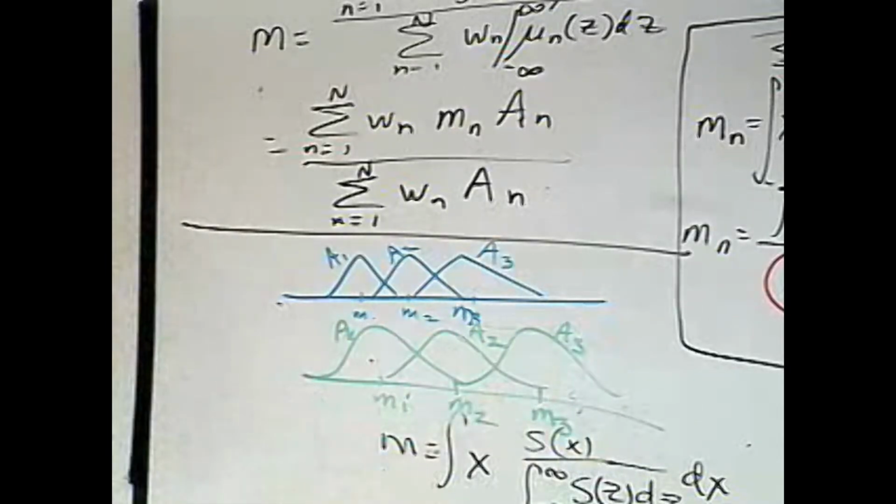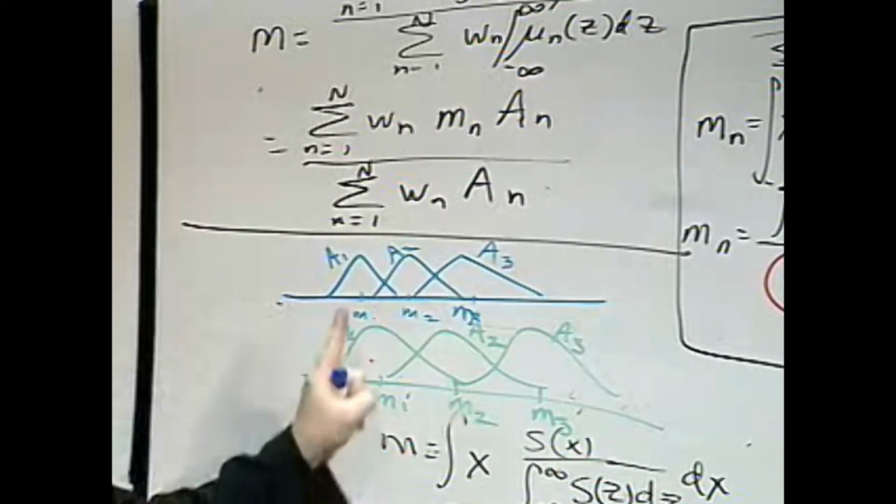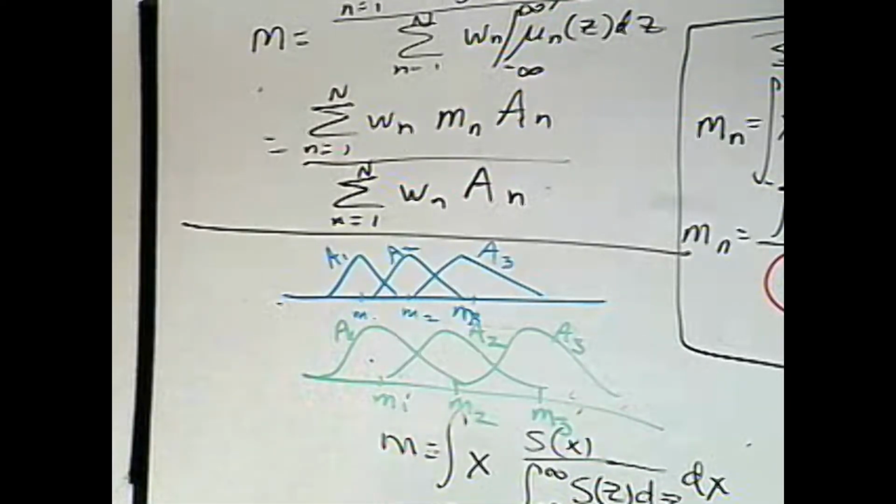I can use anything I so desire there, and I'm going to get exactly the same results, insensitive to the shape of the membership function. The only thing that defuzzification cares about is the mean and the area of the membership functions in the consequent membership function, which is kind of interesting.